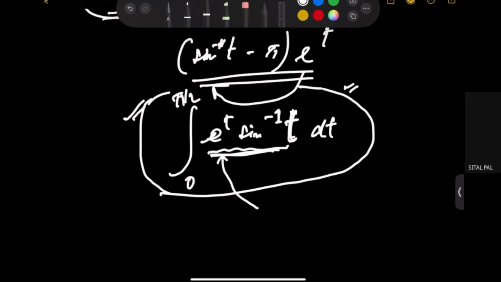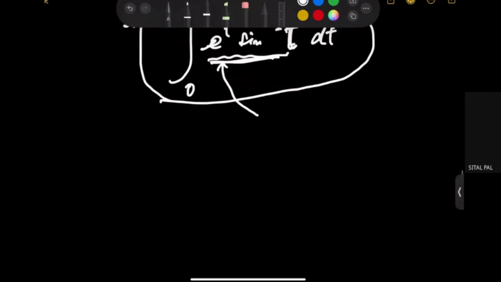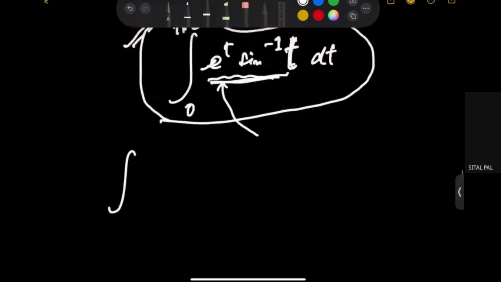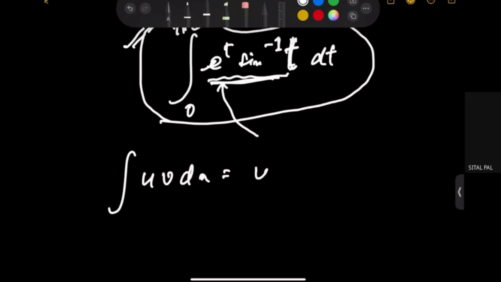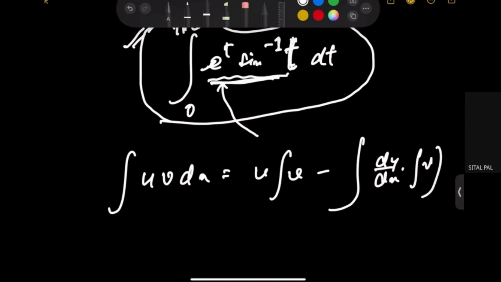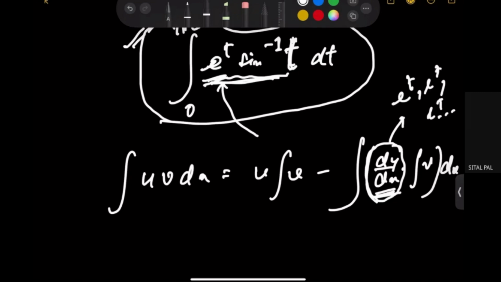So in integration by parts, if you put u equal to e power t, this will never vanish. It will keep on being e power t forever, because derivatives don't have any effect on e power t.